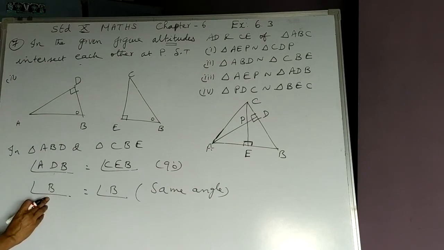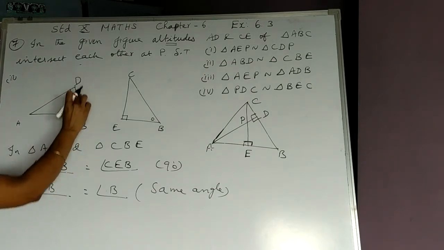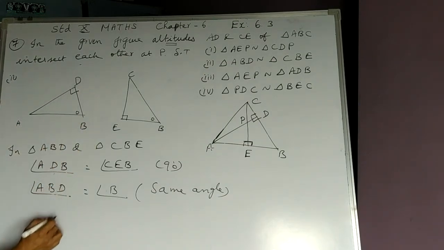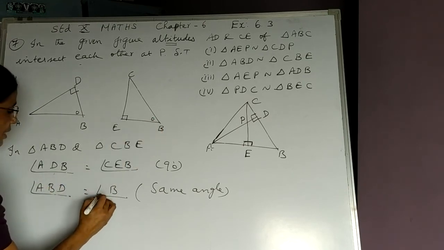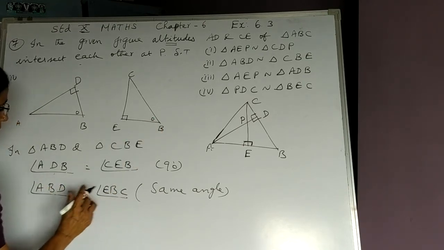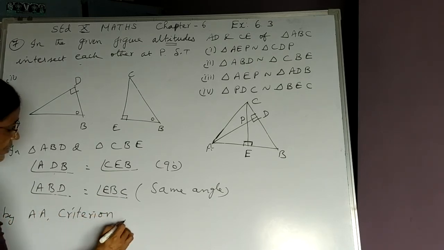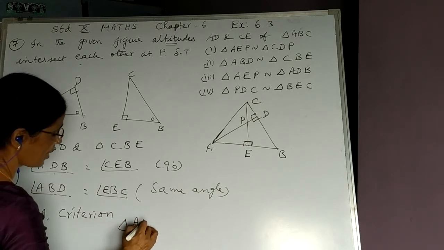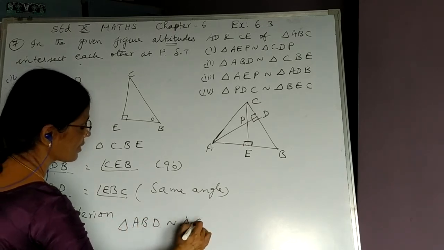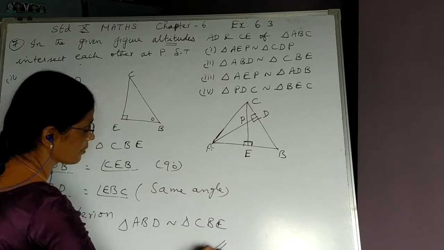So how do we use three alphabets? It can be written ABD or DBA. How do we express this angle? EBC. Because we got two pairs of angles equal, by double A criterion, triangle ABD is similar to triangle CBE.